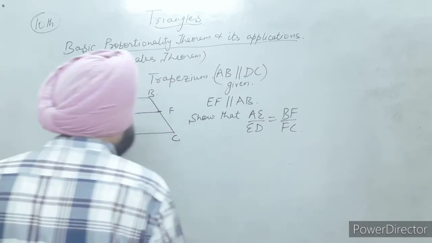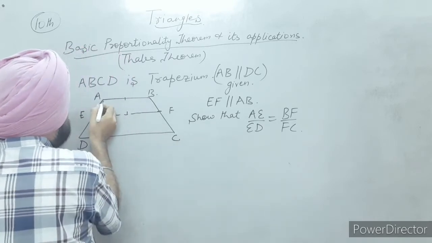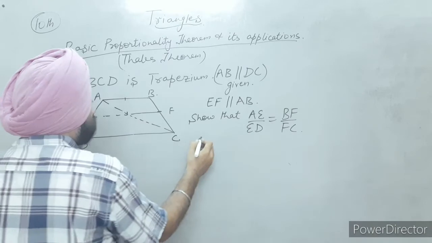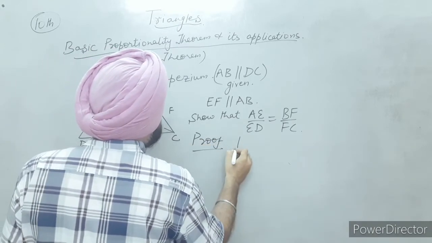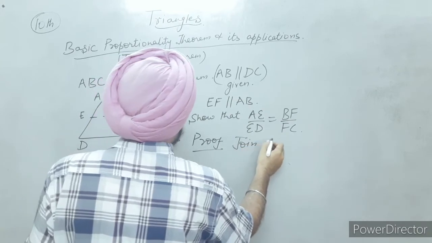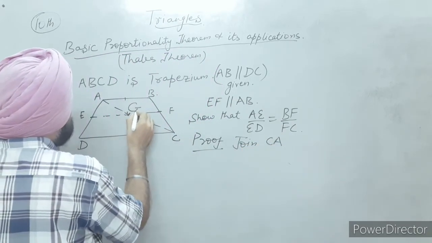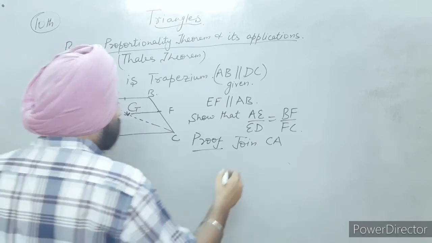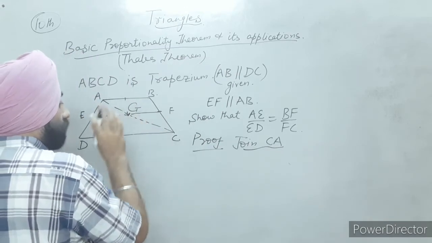Now, for this, we have to join CA. Now, proof is: join CA so that it intersects EF at a point G, right? Join CA to intersect EF at G.